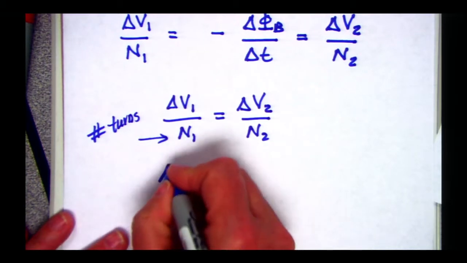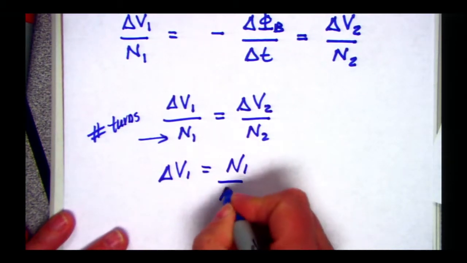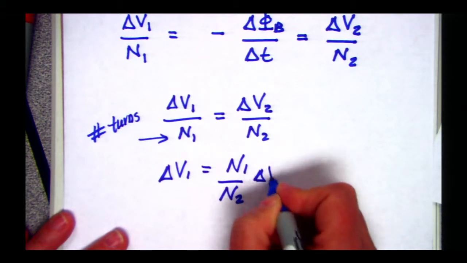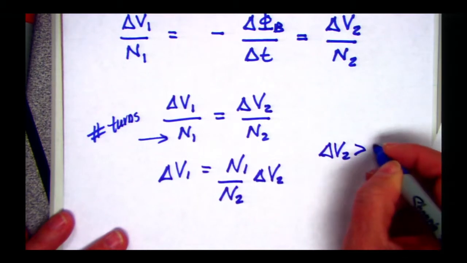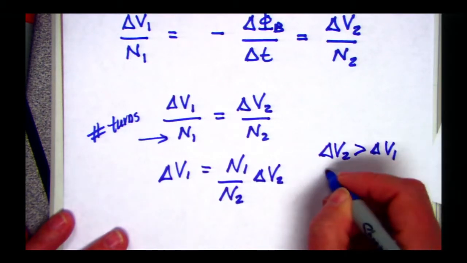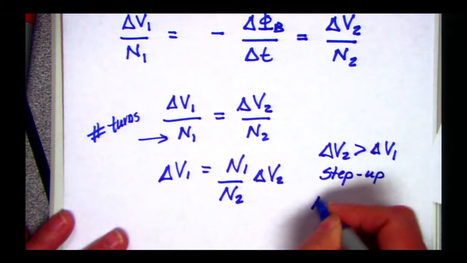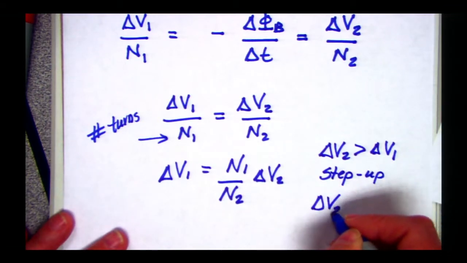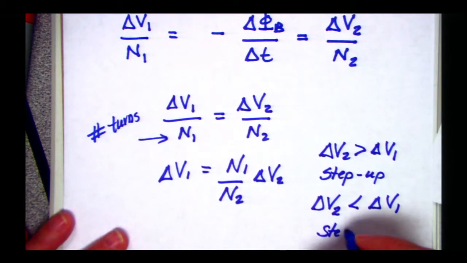So I can set this up this way. And if my change in voltage 2 is greater than the change in voltage 1, this is considered to be a step up. And if my change in voltage 2 is less than my change in voltage 1, that's a step down.